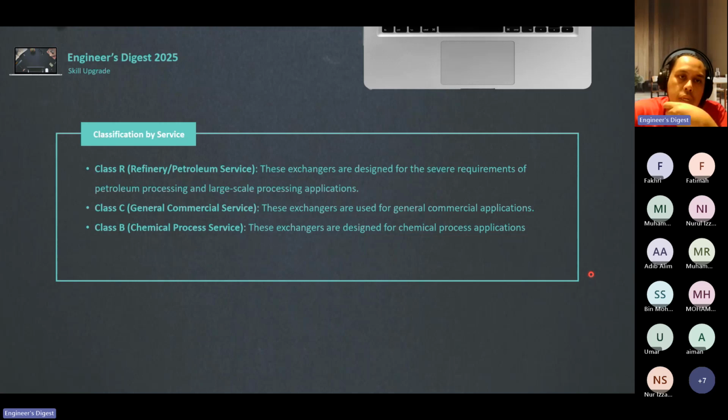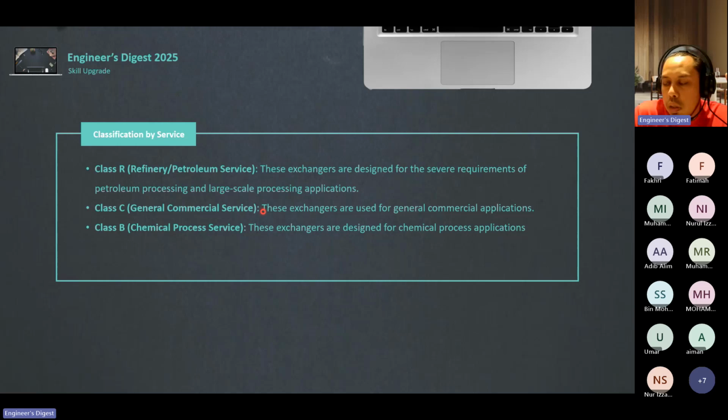Classification by service. We have three types of classification and three types only: class R, class C, and class B. In refinery and petroleum, you will see so much class R. Class R is for refinery and petroleum. Class C is for commercial service. Therefore, it has different technical requirements.